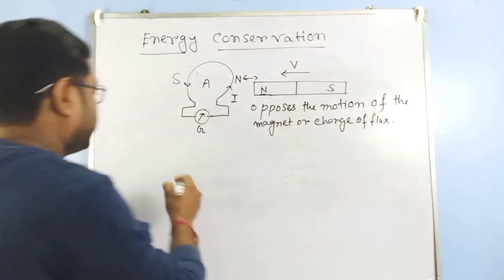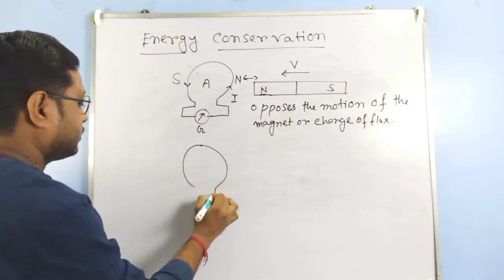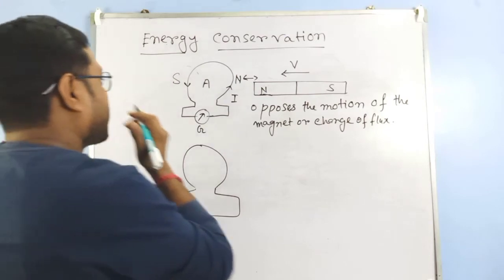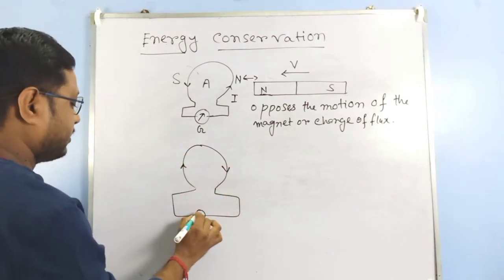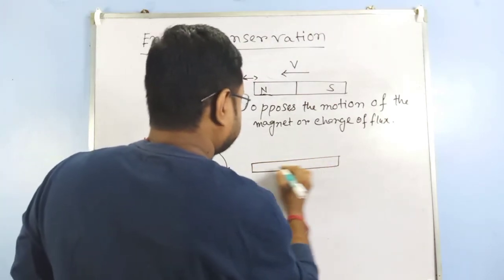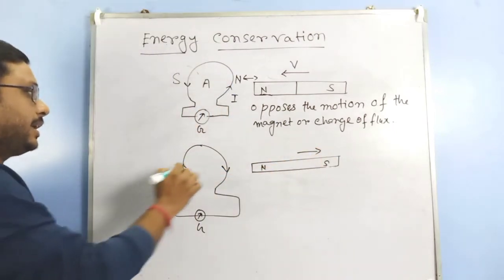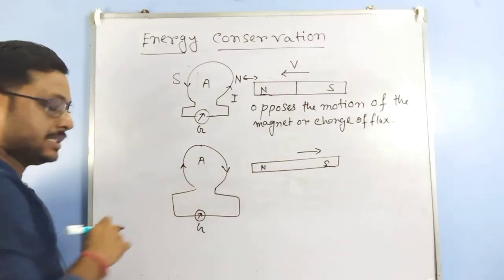Again, if the reverse phenomenon occurs, here galvanometer G, if the magnet is moving away from the coil A, then the flux will decrease.